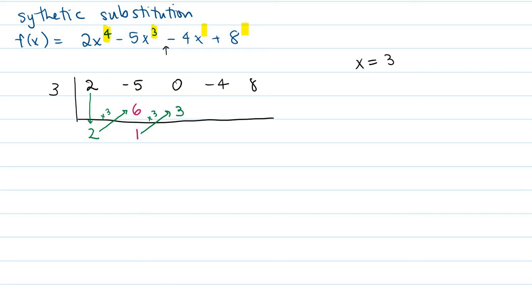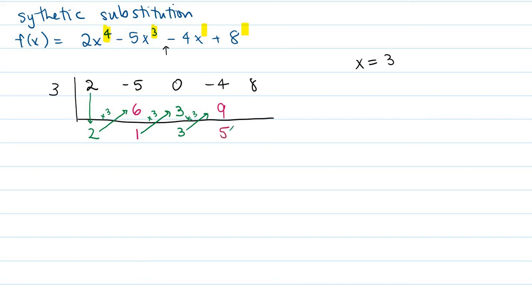So in this case, we're going to have 0 plus 3, which is 3. Okay, 3 is outside of the box, so I'm going to multiply it by 3, and when I do that, I get 9. And then I add down, so negative 4 plus 9 equals 5.